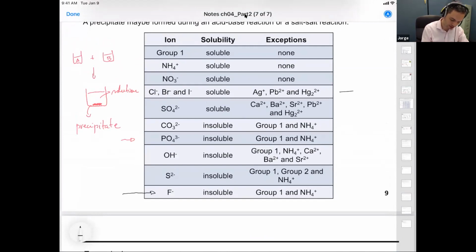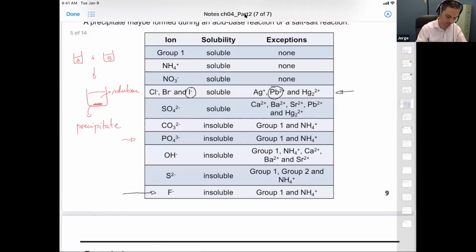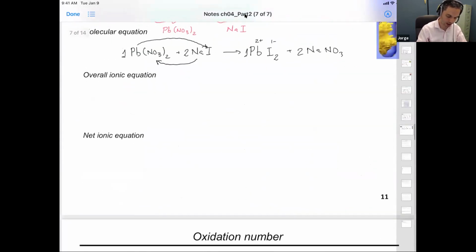So that's right over here in the fourth row. We have iodide here. Iodide forms soluble salts, except when combined with silver, lead, or mercury. Therefore, we know that lead iodide is going to be a solid.